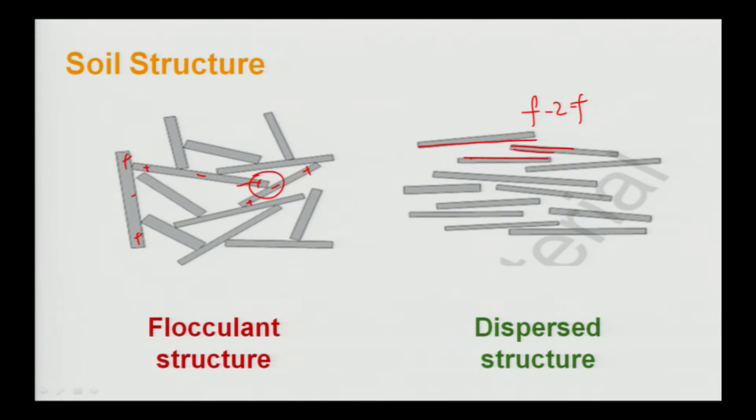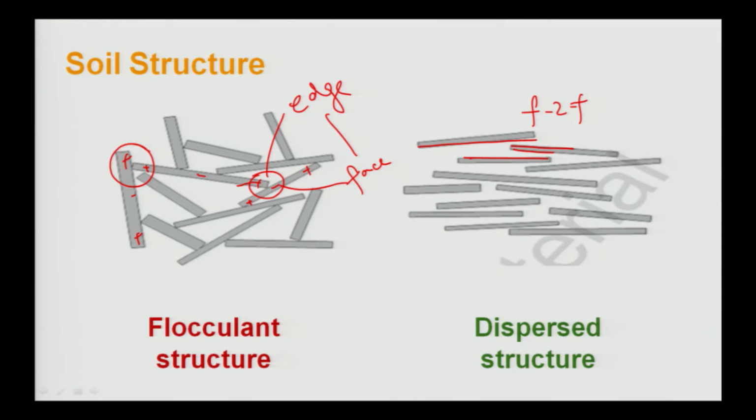This one is edge and this one is face. So edge to face interaction is more common, but here we see edge to edge also, though it is not very common. This edge to face is a general phenomenon that is observed in these types of structures, but this other one is rarely observed. We cannot control each and everything, and as the structure is in nature, it can also be possible.